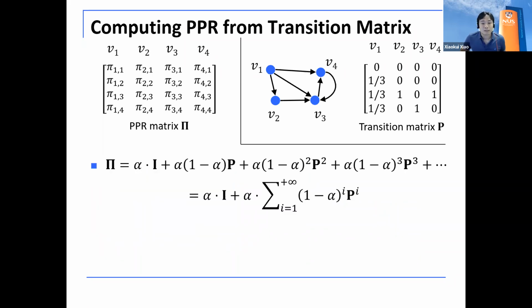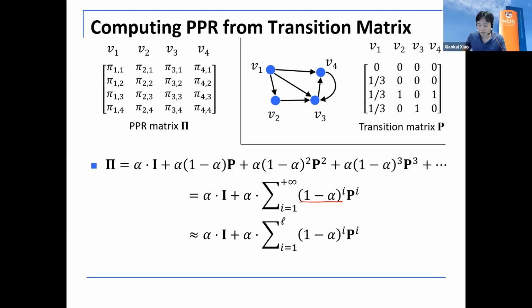So that's one way to compute the personalized PageRank matrix. It involves alpha times the identity matrix plus the sum of a geometric sequence involving P. And observe that in this geometric sequence, there is this constant (1 minus alpha) to the power of i. So apparently it decreases exponentially when i increases.